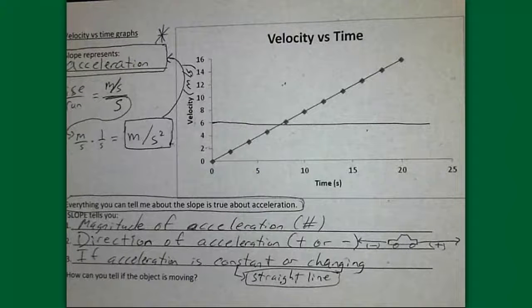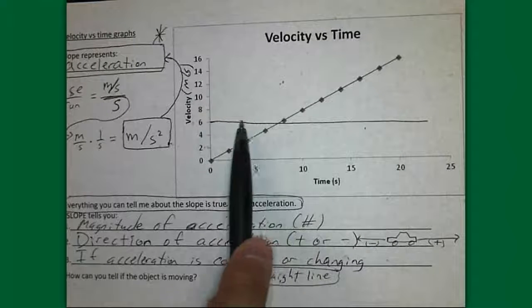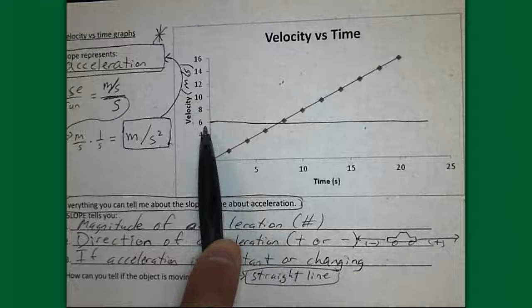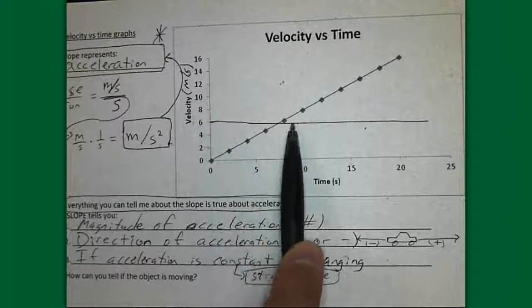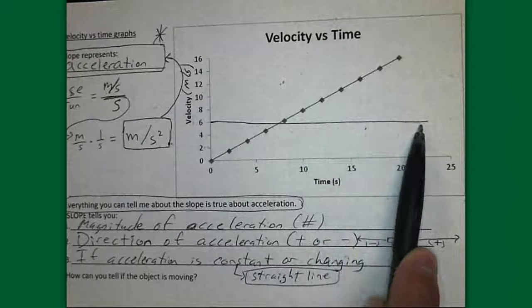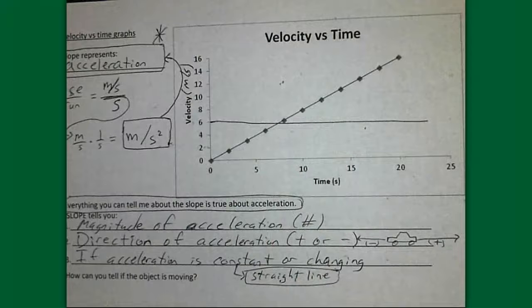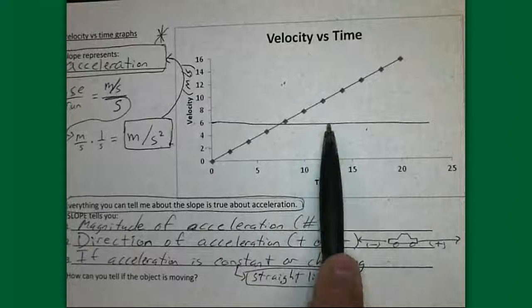All right, you might be tempted to say that no, this object is not moving. But if you said yes, this object was moving, then I would ask you, what's the velocity of the object? Well, we can read, because velocity is what's being graphed, this object has a velocity of 6 meters per second. And if we have a velocity of 6 meters per second, it is not possible to not be moving. So this object is moving.